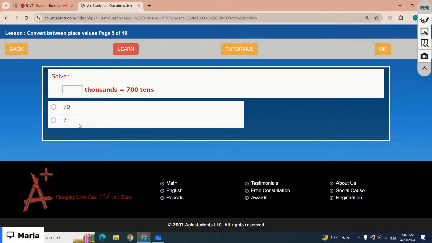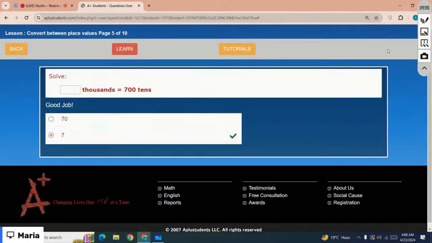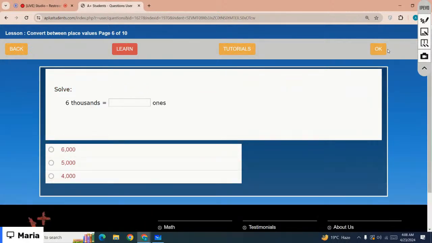The correct option is 7. 6 thousands equal how many ones? 6,000 equals 6,000 ones.